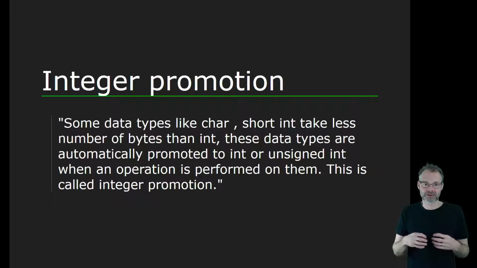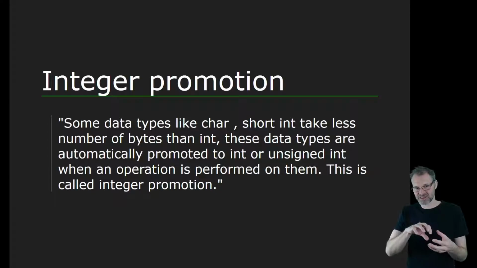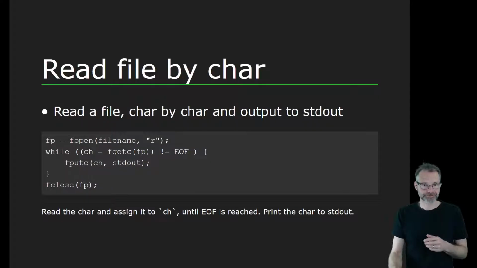They are in general promoted up to the size of an int or an unsigned int when an operation is performed on them. So basically all operations are done on integers, even if we were using char or short int. This is called integer promotion. So that's just a quick note on that.